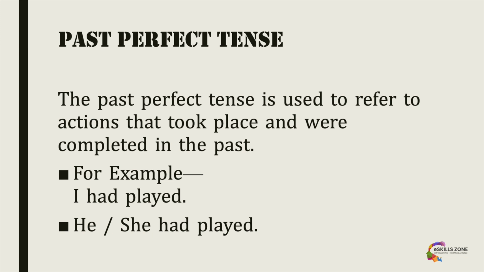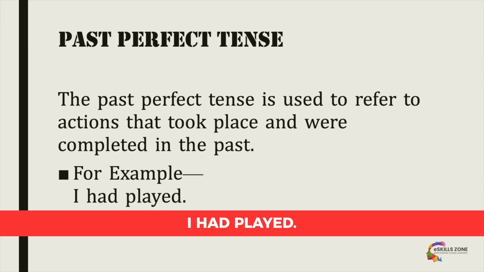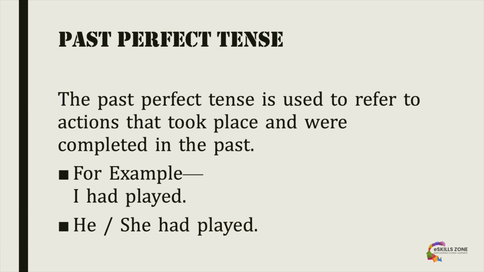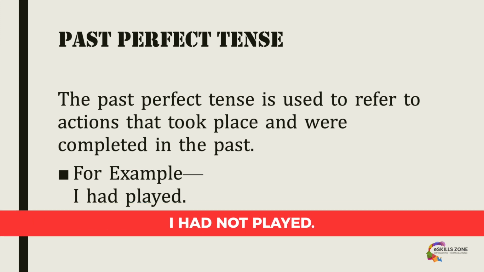In order to convert a positive tense sentence into a negative sentence, we will be placing not in between helping verb and the verb. So the example which we used earlier was I had played. So once we convert that into negative, it will be I had not played.